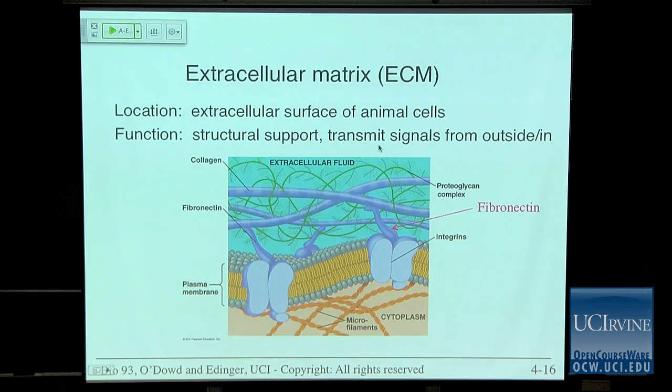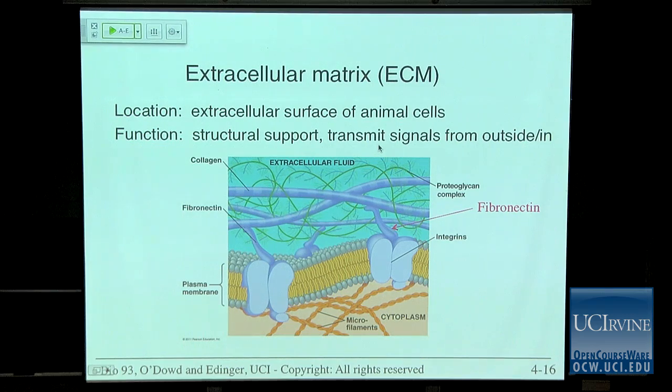Okay, we also have the extracellular matrix, which is present in the extracellular surface, so right outside the plasma membrane of all animal cells. And it also plays a really important role in structural support of the cell. So along with actin and microtubules, it's important in cell shape, structure of the cell, but it's also important in transmitting signals from the outside to the inside.